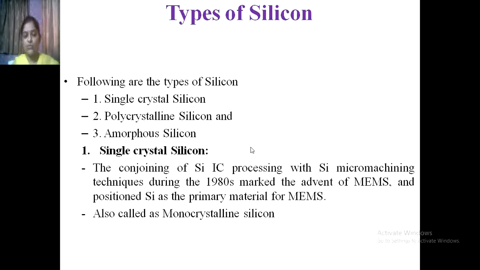Okay, so we have seen the silicon crystal in a previous slide, that is, the orientation of silicon. So single crystal silicon was formed or micro-manufactured in 1980. That silicon, the primary material, is also known as monocrystalline silicon.